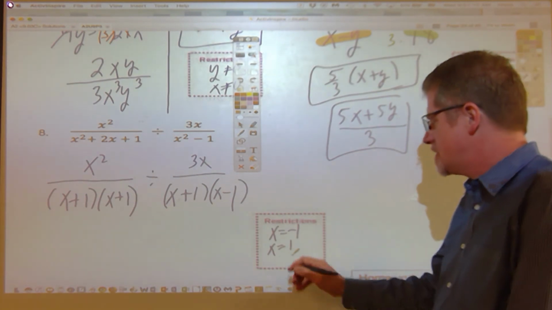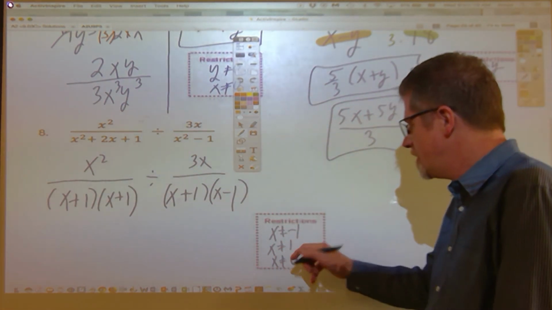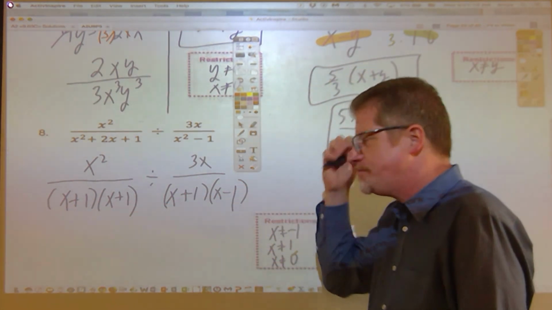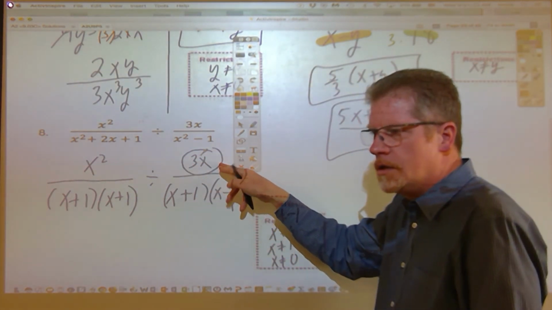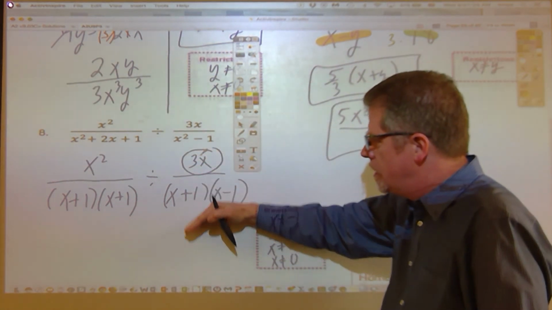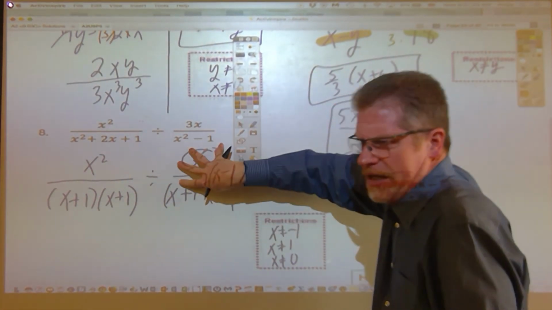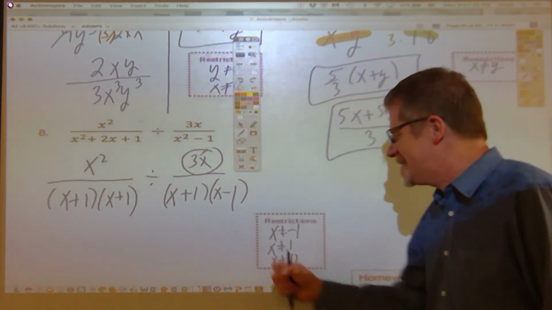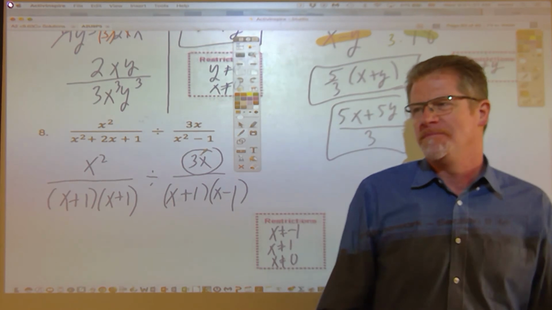Why can x not equal 0? I don't see any just plain x's down here in the denominator. At the top, if you put 3x and you put that as a 0, it would have been 0 over that and would have made this whole fraction 0, and then you'd be dividing by 0. You're right, there are 3 restrictions.